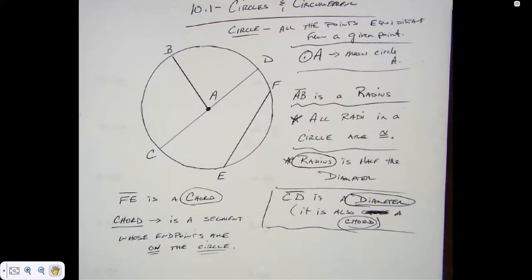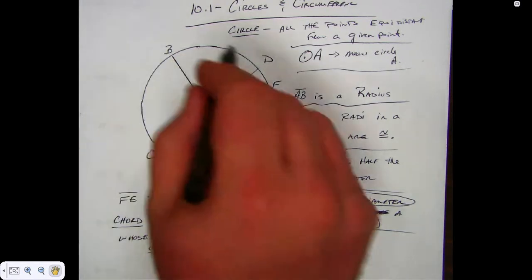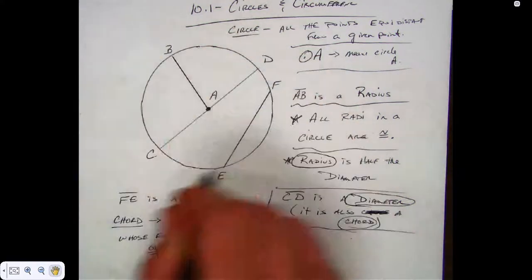Sometimes you have to kind of make that definition out in your head for it to make sense. But if you were to draw a dot everywhere that's equidistant from A, all those dots would combine to look like what? A circle.